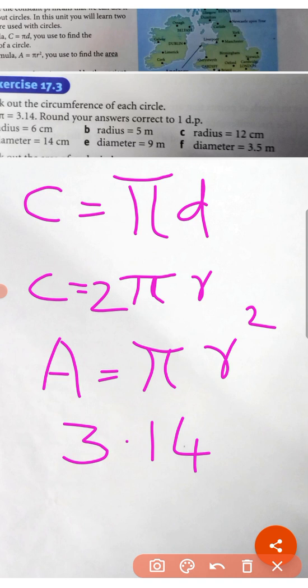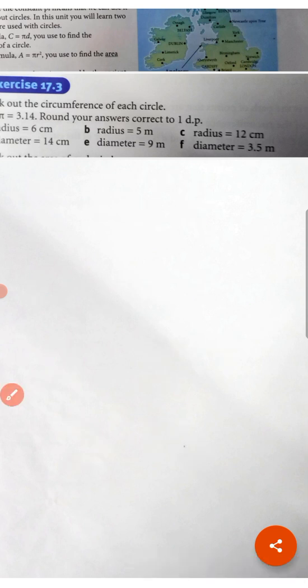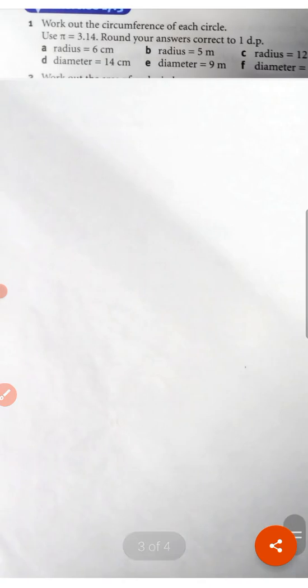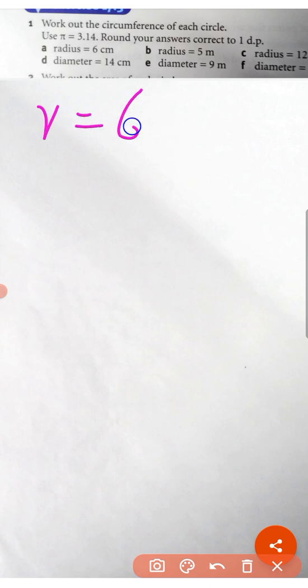Now, let us find the circumference of a circle. Here children, work out the circumference of each circle. Use pi is equal to 3.14. Round your answers correct to 1 dp, that is 1 decimal place. Radius is given. Radius is equal to 6 centimeter.